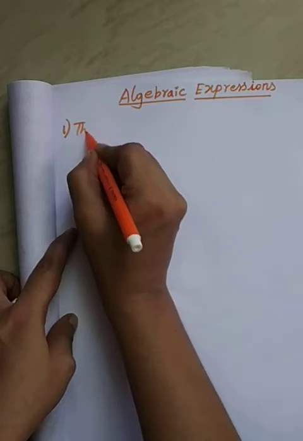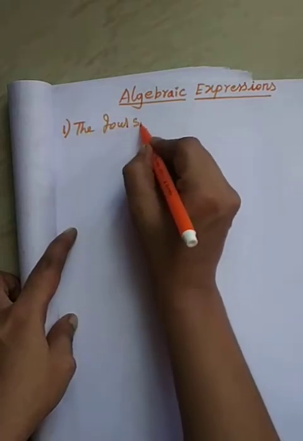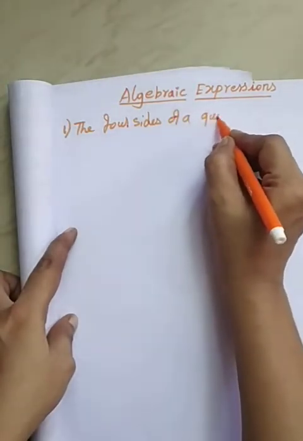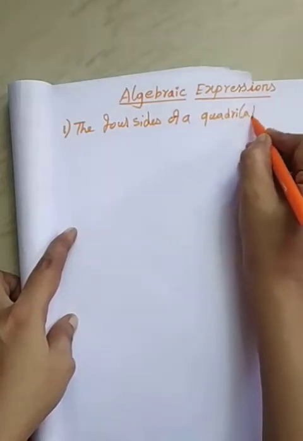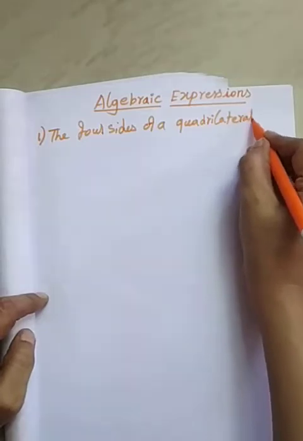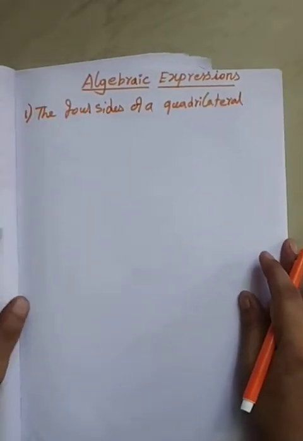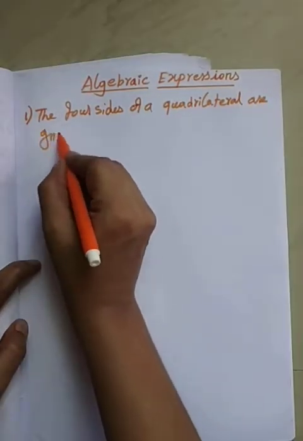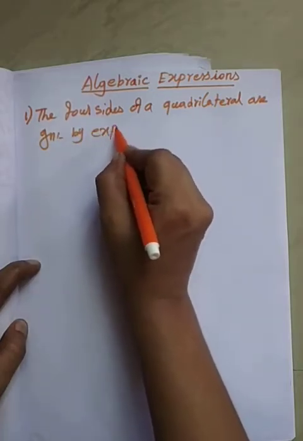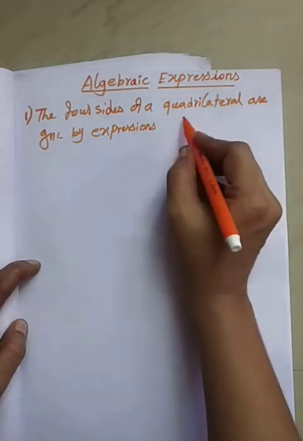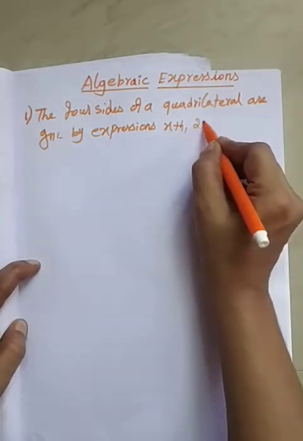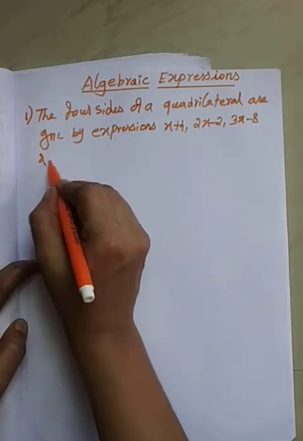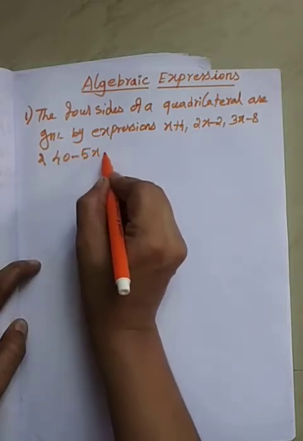The four sides of a quadrilateral are given by expressions x plus 4, 2x minus 2, 3x minus 8 and 40 minus 5x.